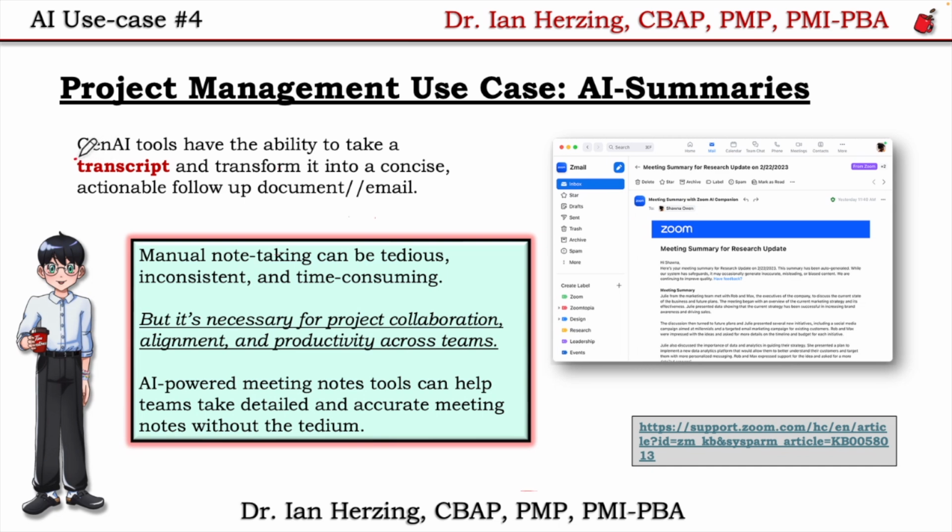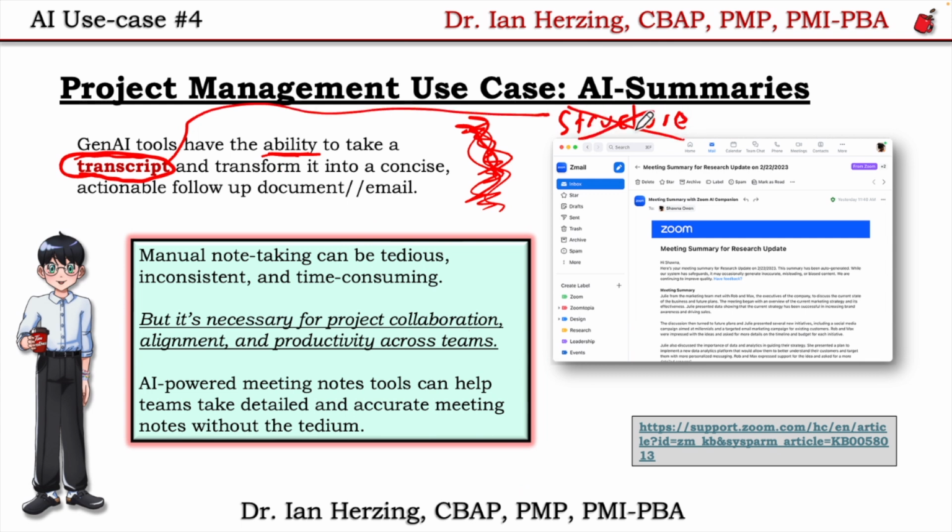Now, Gen AI tools have the ability to take our meeting transcripts, right? A meeting transcript is just a mess of all the words, what everybody said, at what minute they said it. It's a long document, but it lacks any sort of structure. Transcripts do not have structure.